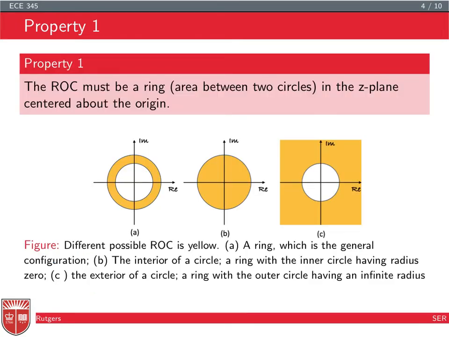So this slide summarizes the takeaway of property 1, and these are the three types of ROCs that I explained. You have the interior of a ring, which is the region between two circles, or the interior of one circle, or the exterior of another circle. So all the ROCs will look something like this.